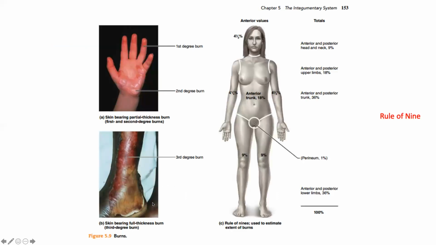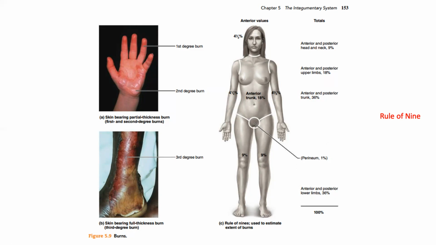So now the Wallace rule of 9. Wallace is the Scottish surgeon, and he started talking about this rule of 9. So for that particular person, the palm of the hand makes 1% of their own body.